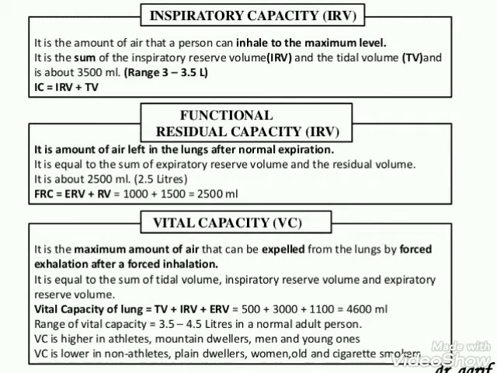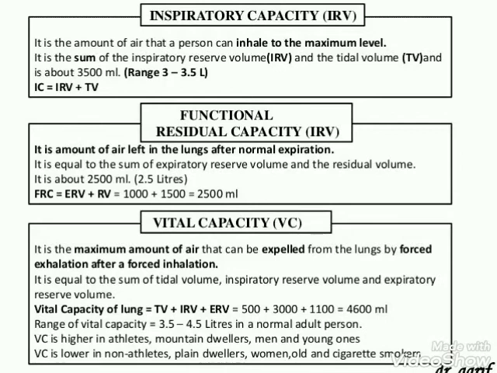Vital capacity or VC. It is the maximum amount of air that can be expelled from the lungs by forced exhalation after a forced inhalation. It is equal to the sum of tidal volume, inspiratory reserve volume and expiratory reserve volume. So the vital capacity of the lung is equal to TV plus IRV plus ERV, that is approximately 4600 ml.